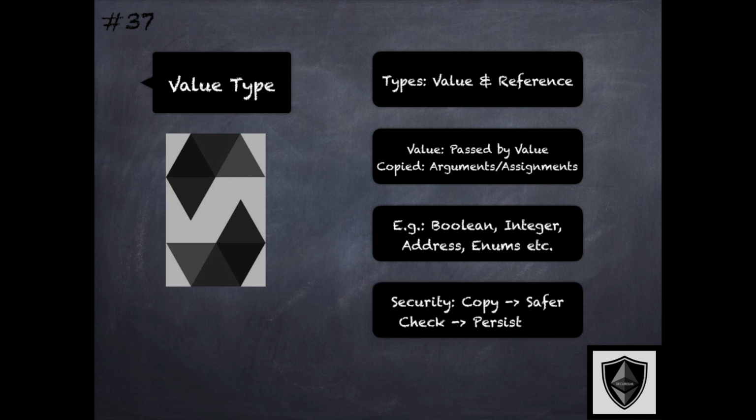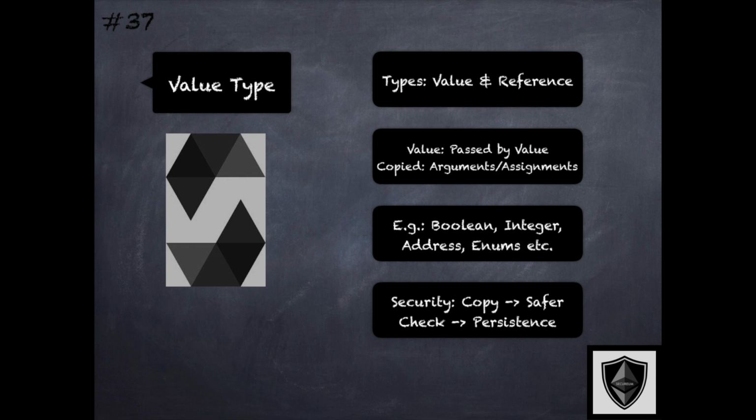and functions themselves. So from a security perspective, value types can be thought of as being somewhat safer because a copy of that variable is made so that the original value of the original state itself is not modified accidentally.